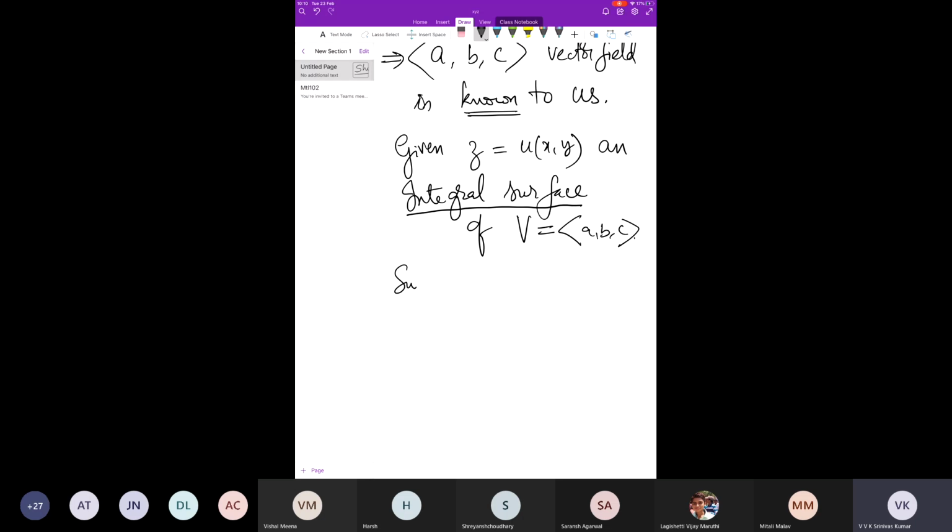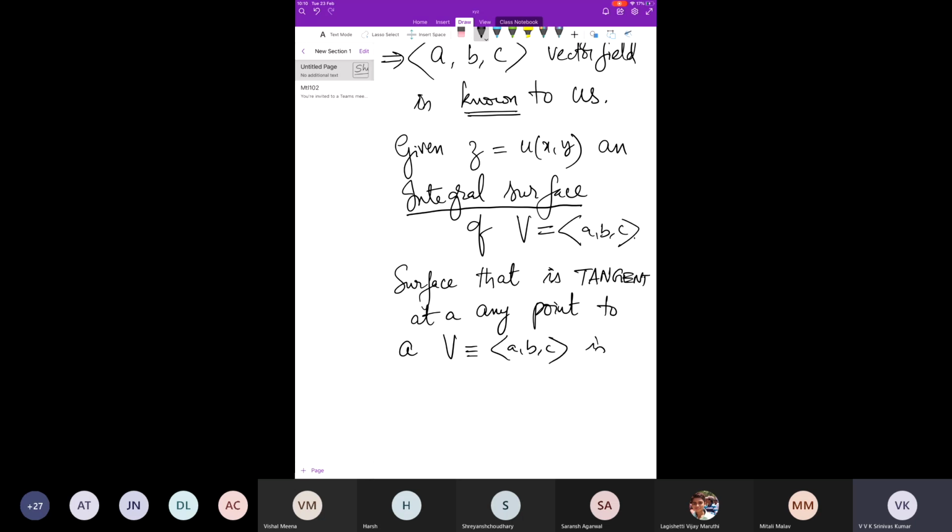What is the definition? A surface that is tangent at any point to a vector field V is called an integral surface.